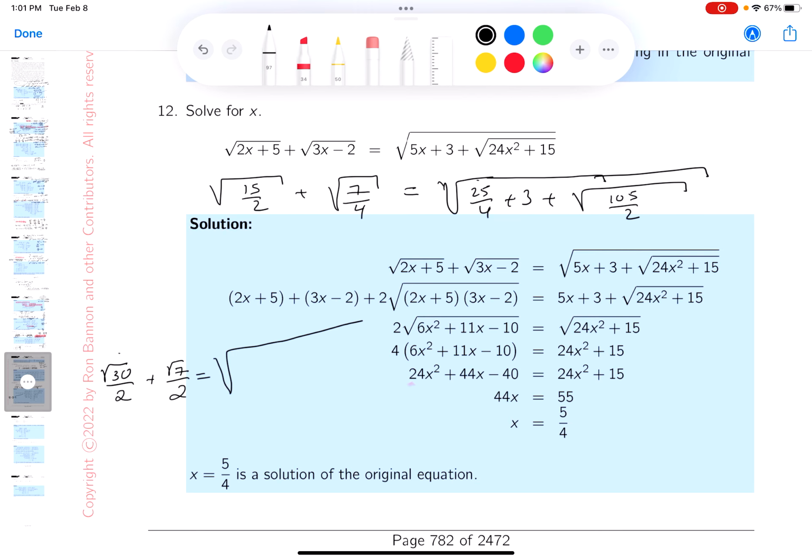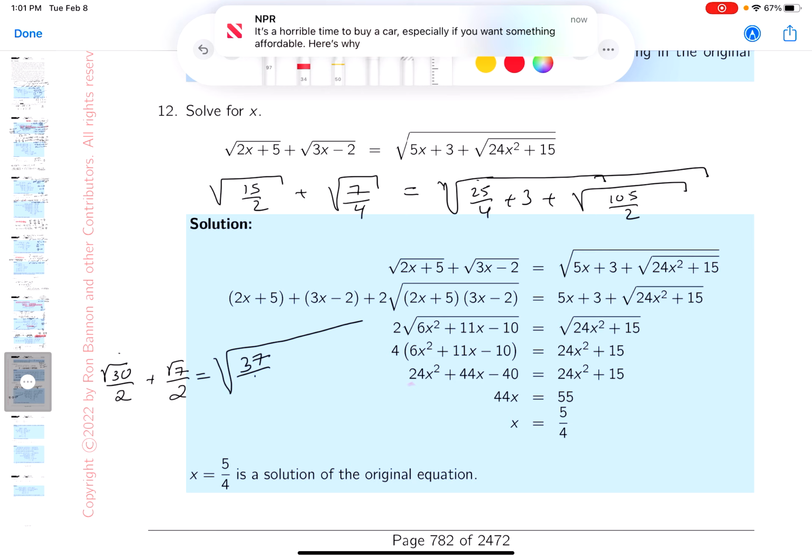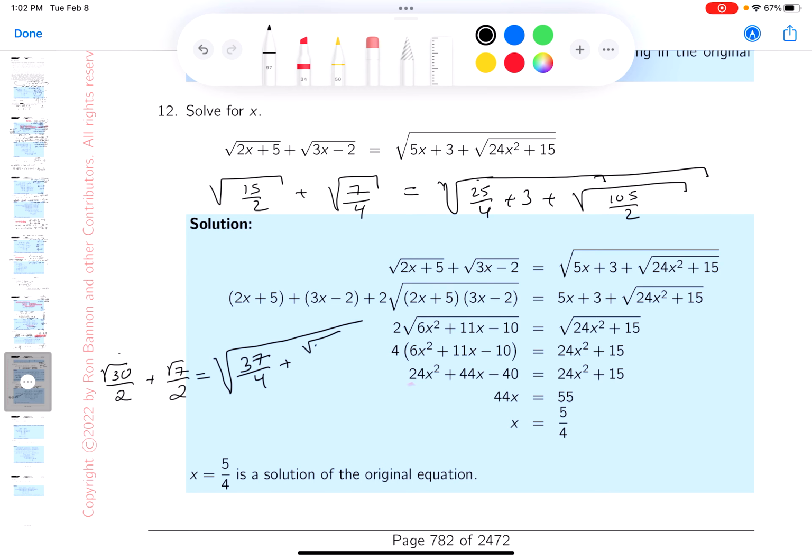And looking at it, 12 and 25, 37 quarters plus, that's going to be the root of 210 over 2.